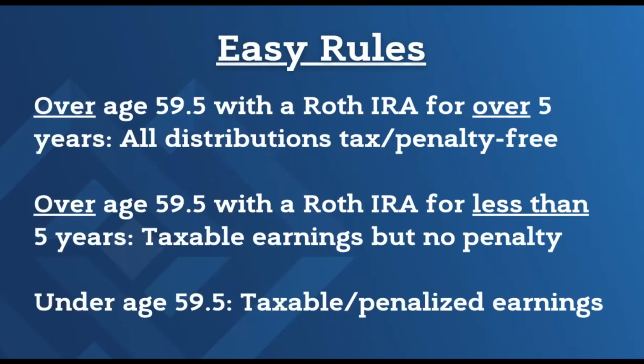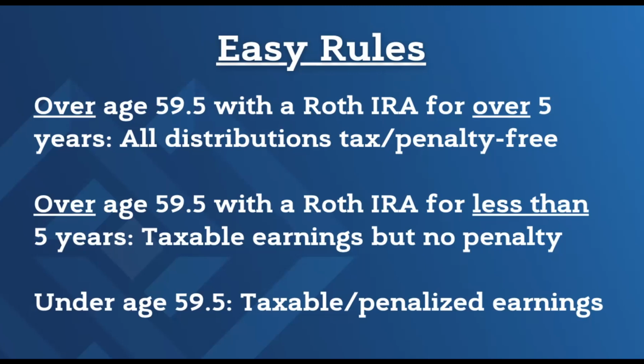If you forget everything else, here's an easy way to think about it. If someone is over age 59 and a half, and it's been over 5 tax years since they funded their first Roth IRA, all distributions, including earnings, are completely tax and penalty free. If they are over age 59 and a half, but their first Roth IRA is less than 5 tax years old, the distribution of earnings will be included in taxable income, but without a 10% penalty.